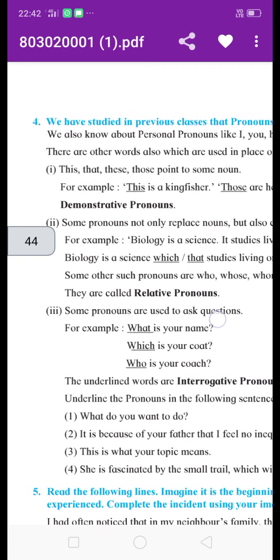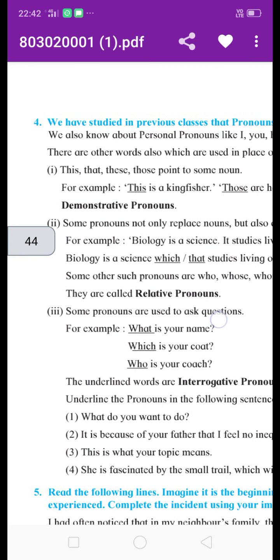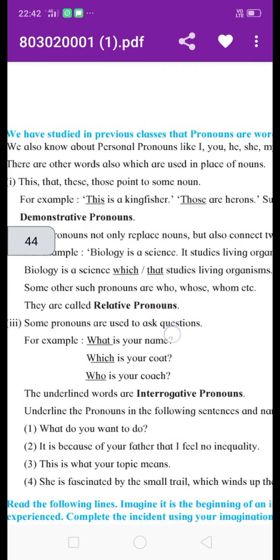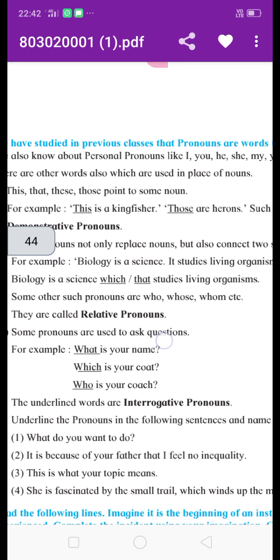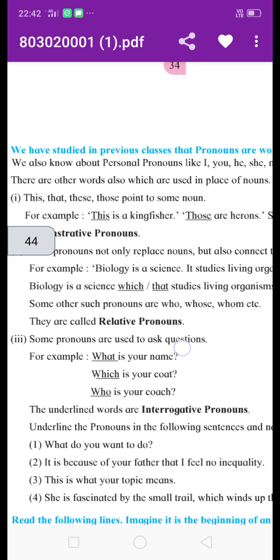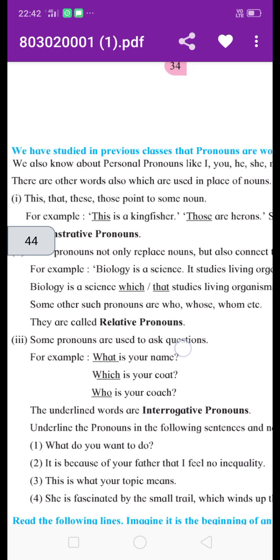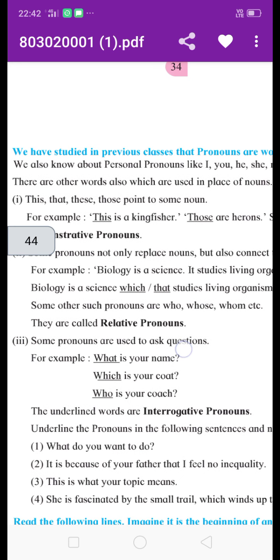Also, next example: biology is a science which or that studies living organisms. We are using which or that, or also who, whose, whom. These are the relative pronouns.